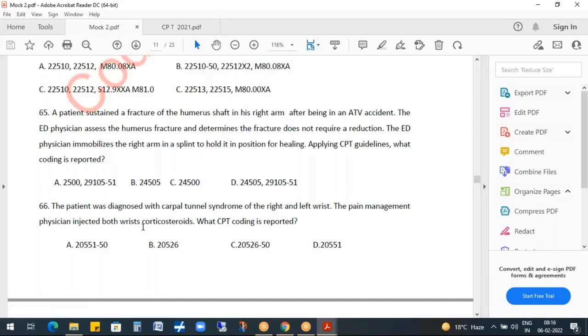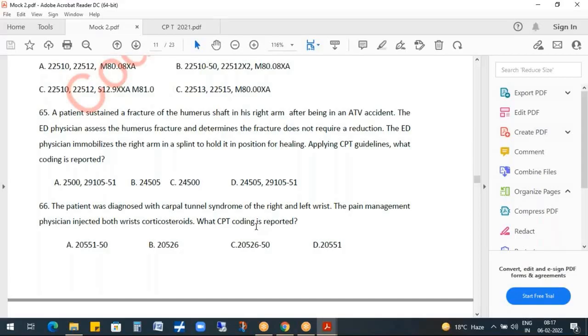Sir, in the 65th question, reduction means with manipulation, sir. Yes, with manipulation. But here they are not performing any reduction, right? Does not require a reduction. But the answer is 24500, sir. What is the code description of 24505?